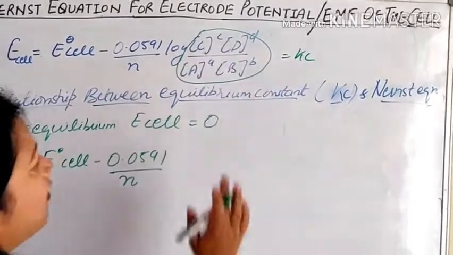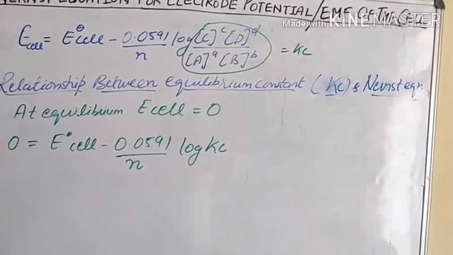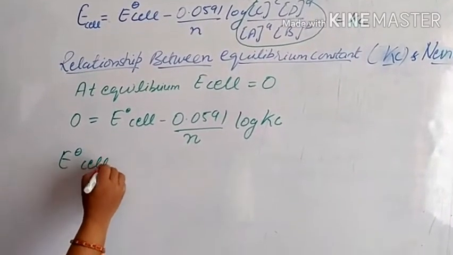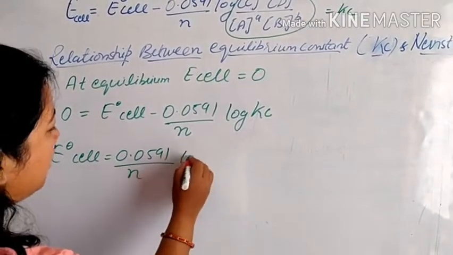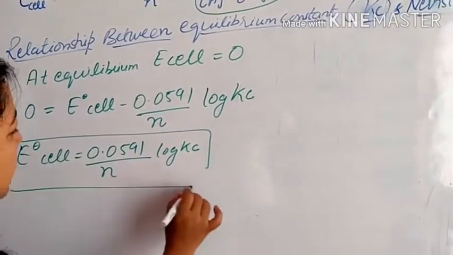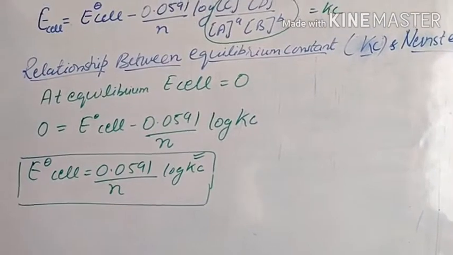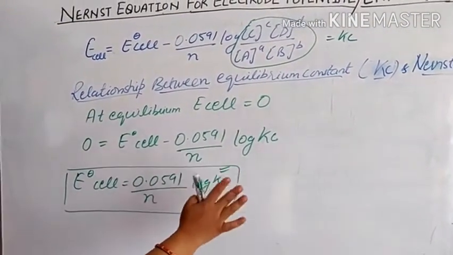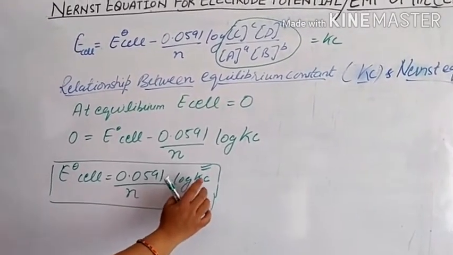So this particular value can be replaced by Kc, so it becomes log of Kc. From here we can write further this equation as E naught cell is equal to 0.0591 upon N log of Kc. So this equation gives the relationship between the Nernst equation and the equilibrium constant. With the help of the Nernst equation, you can also determine the value of the equilibrium constant Kc.